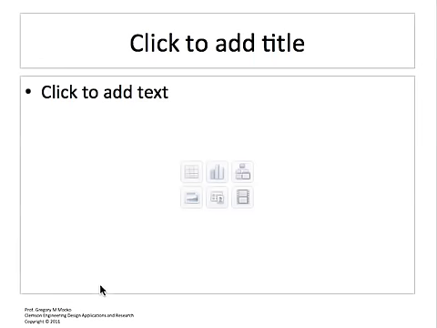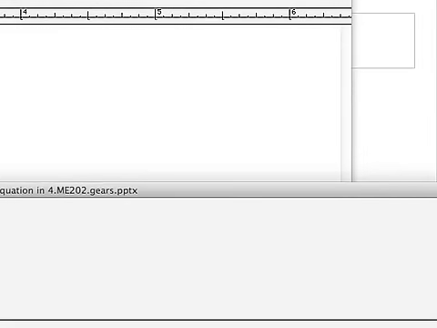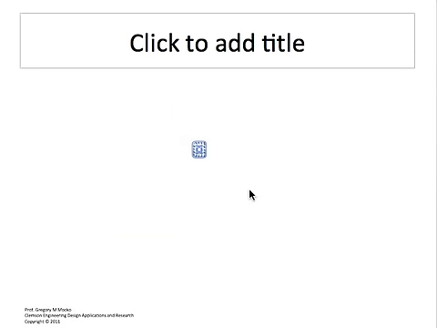So we've got the following two expressions. We've got omega A divided by omega B is equal to plus or minus RB divided by RA.